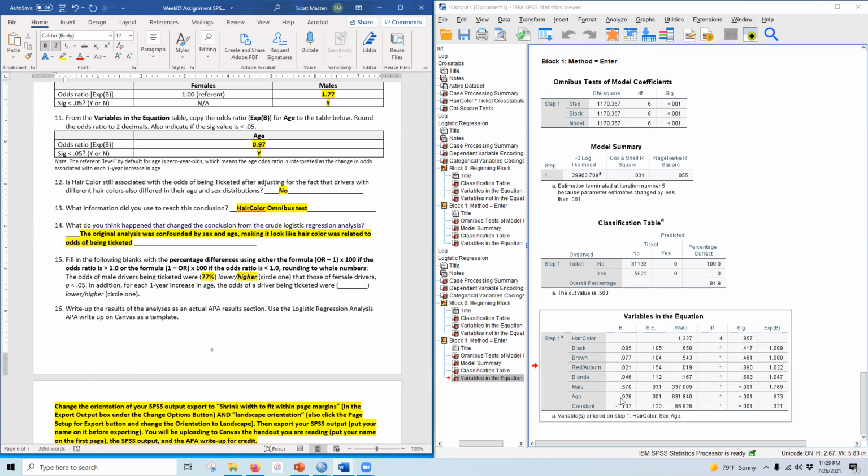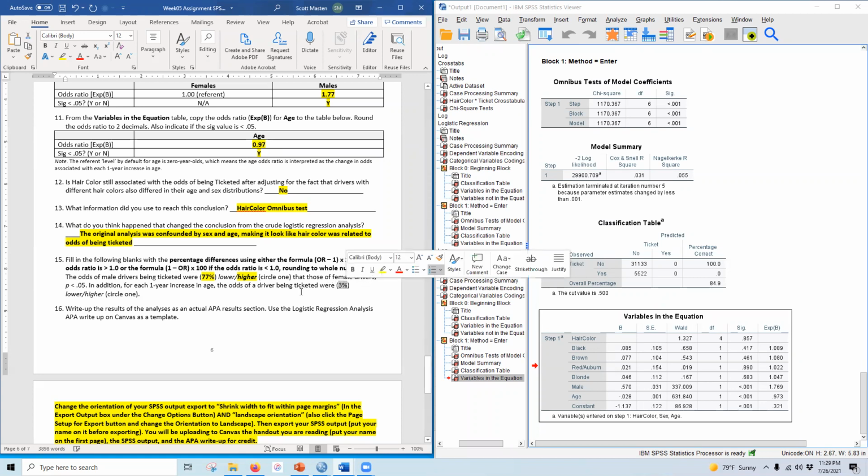So what about the age one? For age, we had an odds ratio, we rounded this to 0.97 up here, right? And it was significant. So that is an odds ratio that's less than 1. So we're going to use this formula, 1 minus the odds ratio times 100. So 1 minus 0.97 is 0.03 times 100 is 3%. So 3% is what goes in here.